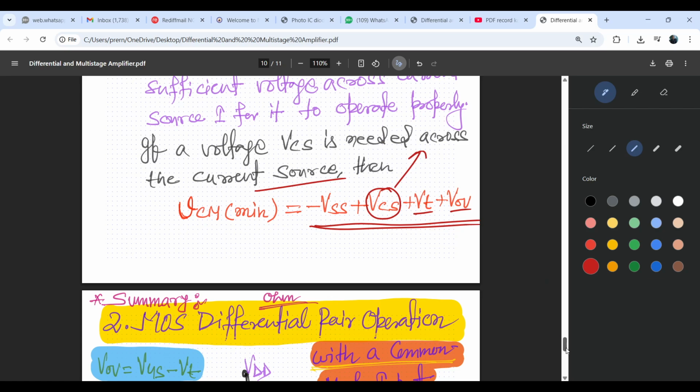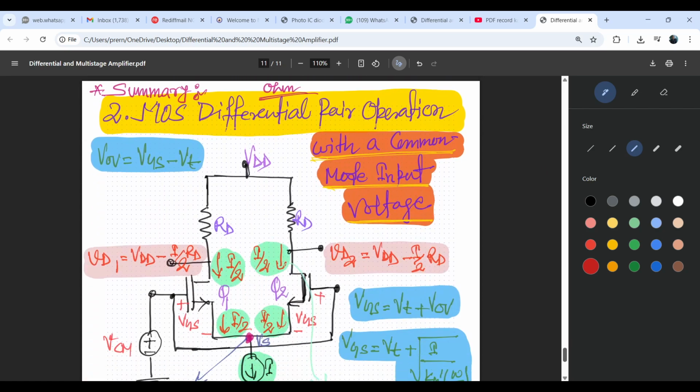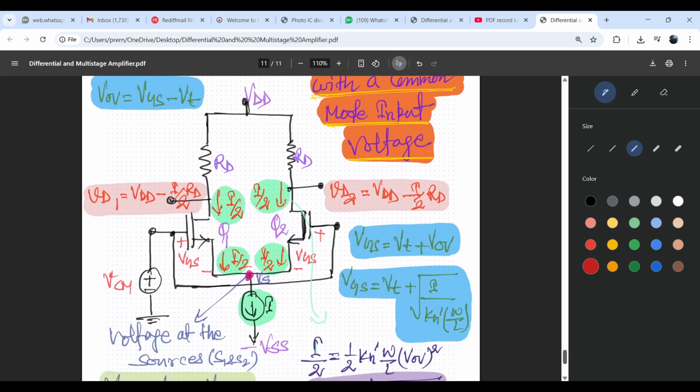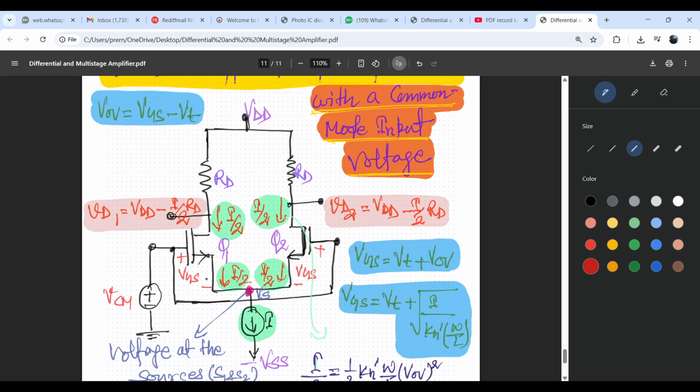Now the summary. We have made a summary for this MOS differential pair with common mode input. This one is the circuitry: gate 1, drain 1, drain 2, gate 2, and source S1, S2.